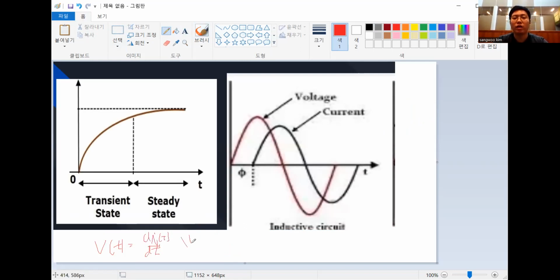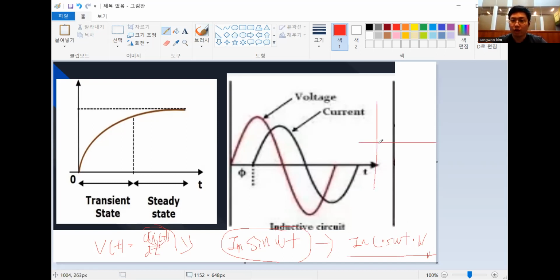If we differentiate I = I max sine omega t, we get I max cosine omega t, multiplied by omega. So if it's sine, differentiating gives cosine.